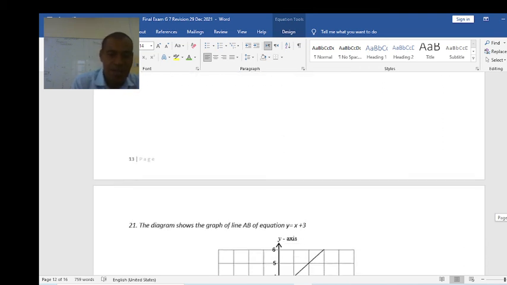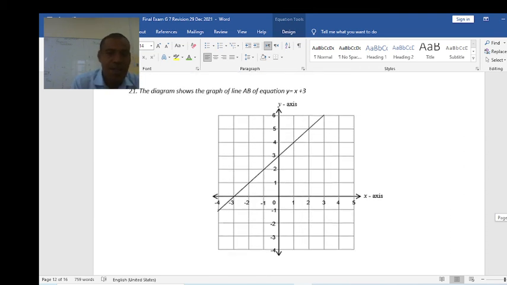Okay, it's easy. Now we have the diagram that shows the graph of a line y equals x plus 3. You can see the y-intercept occurs at the point 0, 3, and the x-intercept occurs at the point negative 3, 0. The question is to find the gradient. The gradient you can see here is 1 multiplied by x, which is x.